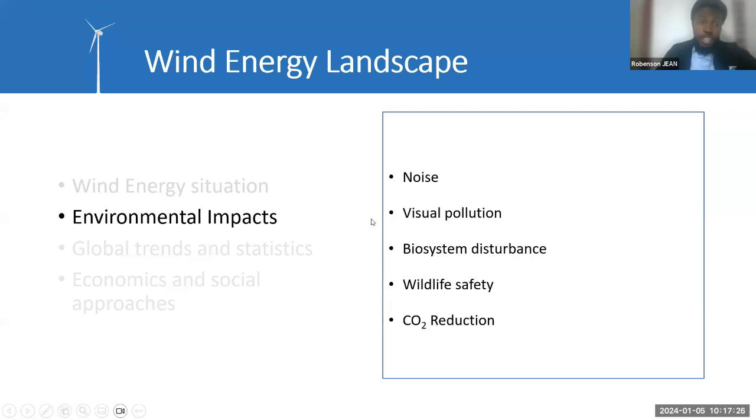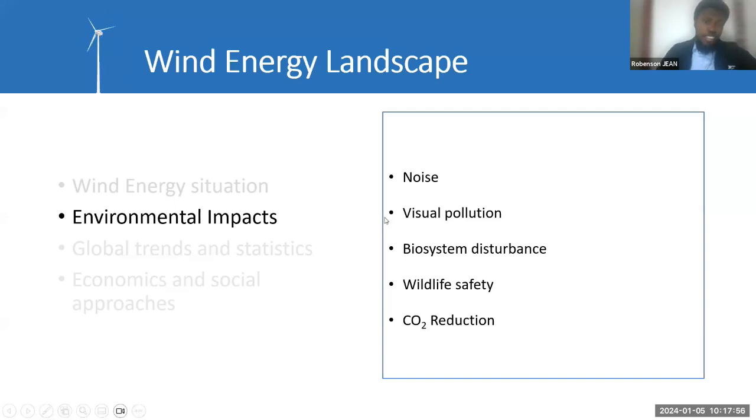Also, there is some risk to wildlife safety, because sometimes birds are killed. It is not common, but in some reports and articles they are really reporting some cases at some wind power plants, unfortunately.